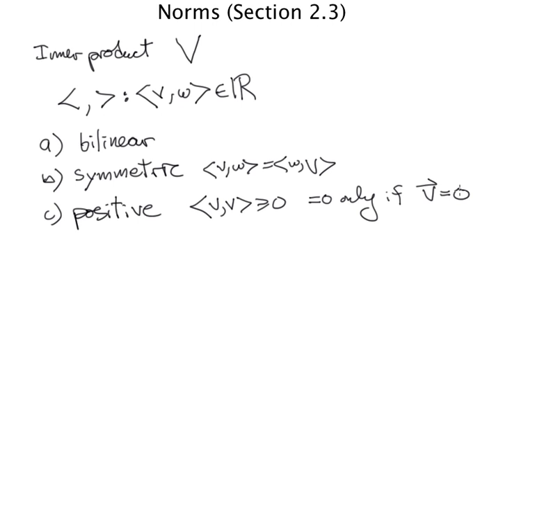Okay, and given an inner product, associated to that is a norm, which is to say the norm of a vector v is the inner product of v with itself to the 1/2, the square root of that.